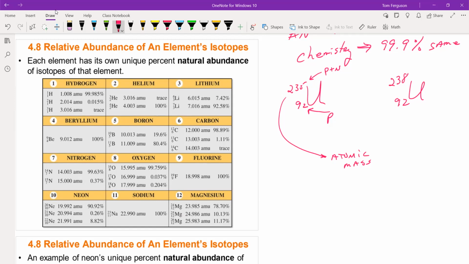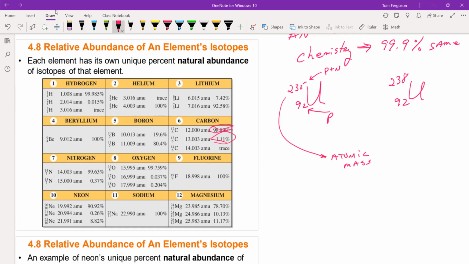For example, if we look at carbon, carbon is mostly carbon 12, a little bit of carbon 13, and very, very little of carbon 14. So on the periodic table, carbon's decimal number is 12.01.